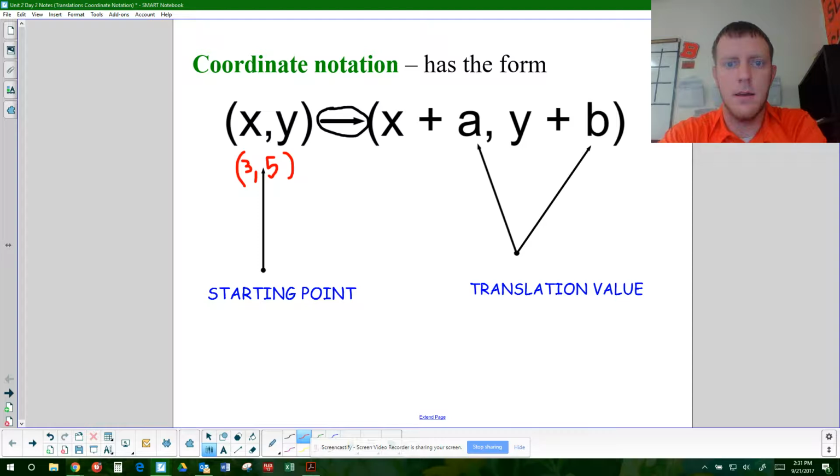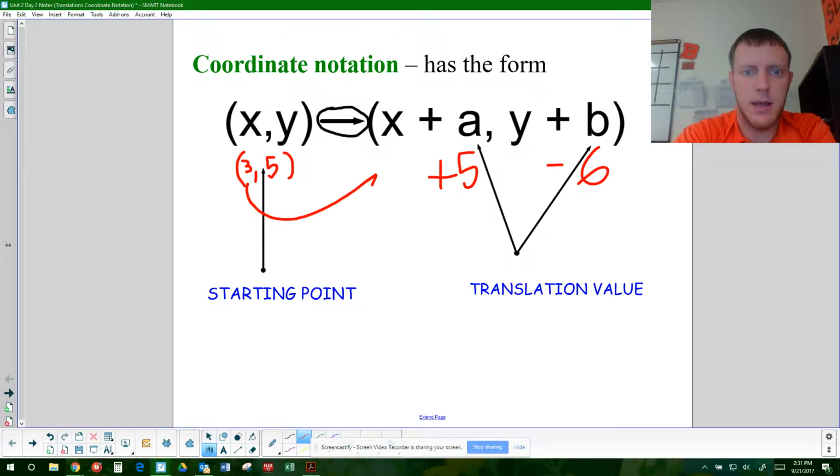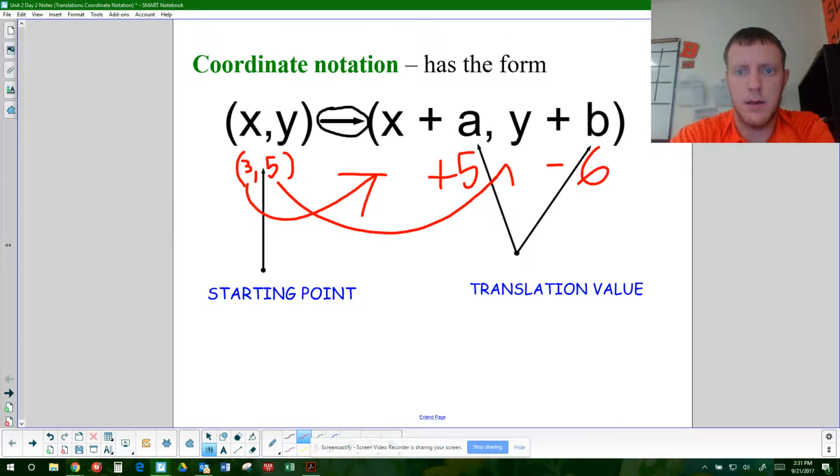And then from there, this a and this b, that's how much you change it by. Maybe it's plus 5 for a and maybe minus 6 for b. Okay, so that's just a little example of what all the letters mean. The x and the y, those come from right here. So you would plug in your x and you would plug in your y.